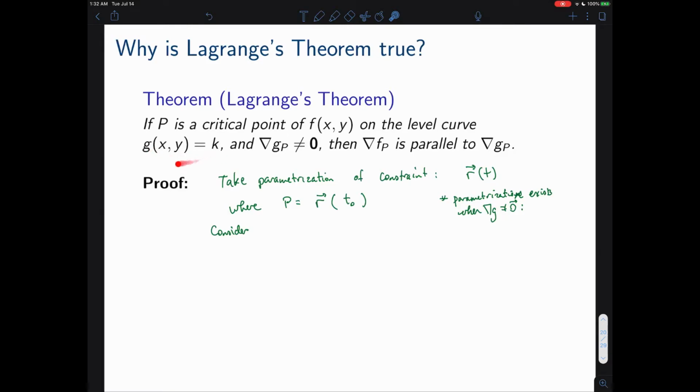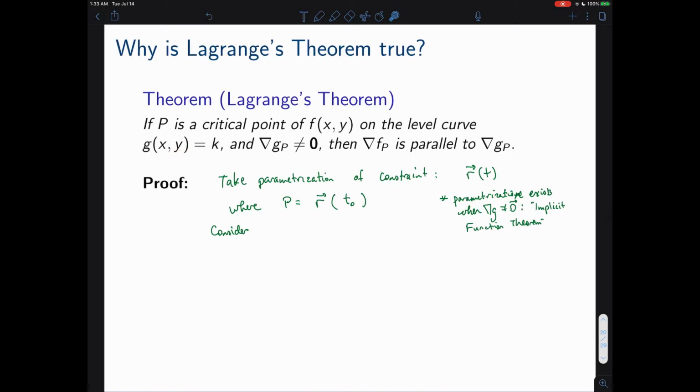You can always take an equation-defined curve and rewrite it as a parametrization, and that is called the implicit function theorem. So that's just part of the technical underpinnings that give us a guarantee that we can do this maneuver of converting an equation into a parametrization.